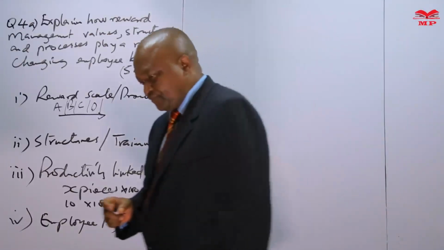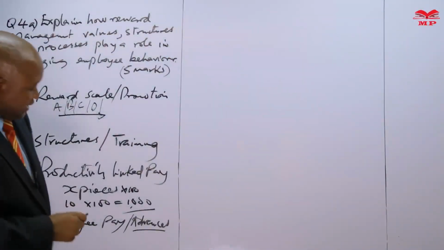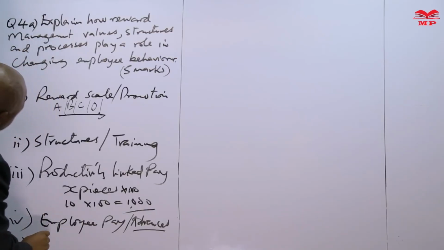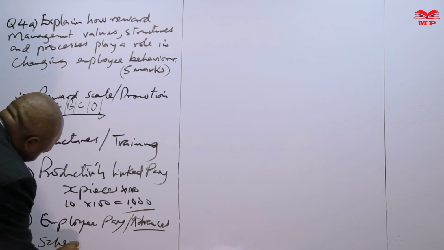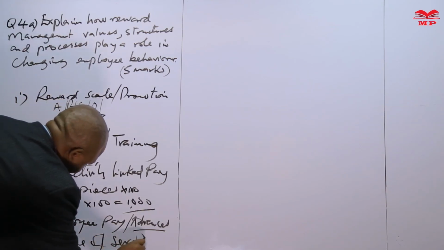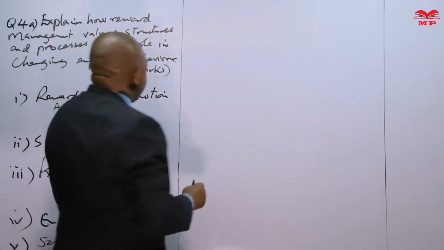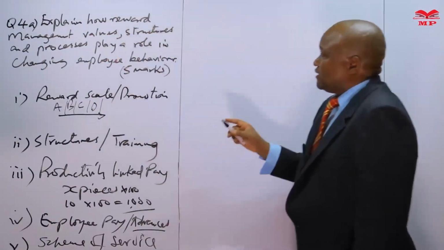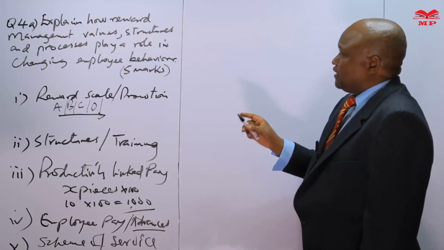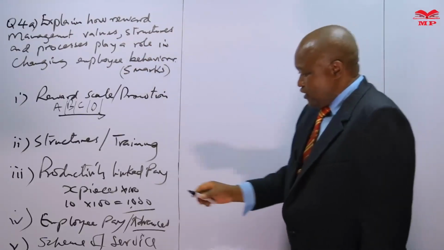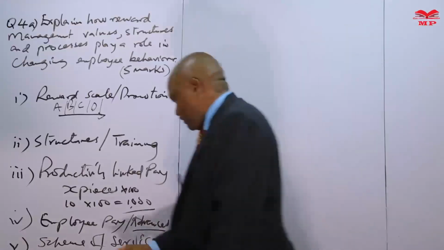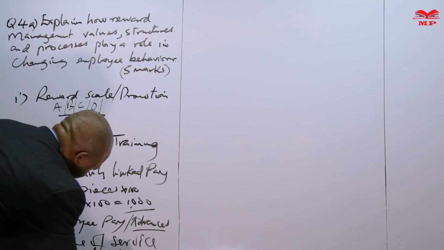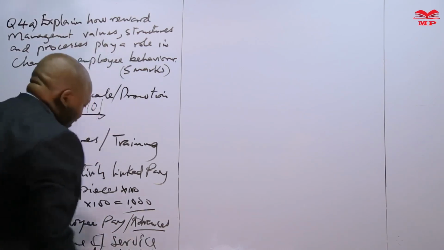Then lastly, when it comes to issues of employees, you may have a scheme of service. This scheme of service, tied with the reward management structures within an organization, will play a role in relation to the cadres or groups that workers belong to.